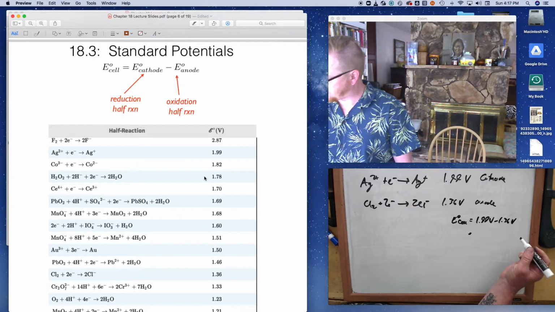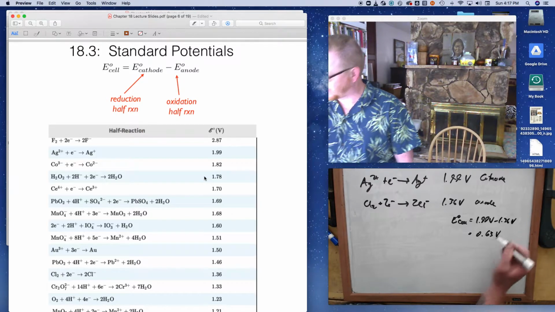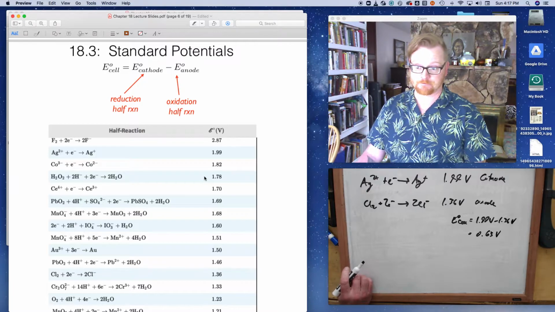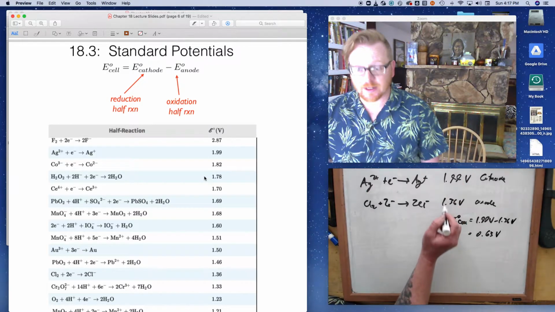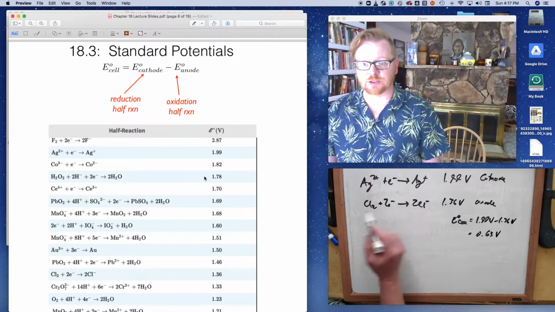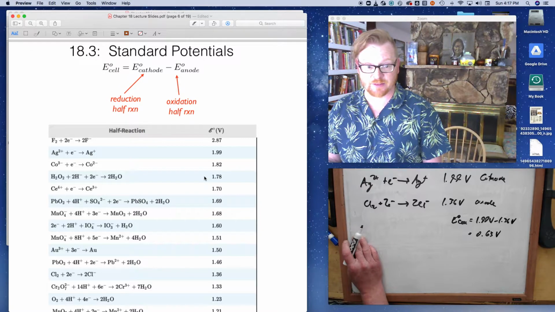And quick math, that gives me 0.63 volts. So that means if I make an electrochemical cell where this reaction is running as my anode and this reaction is running as my cathode, I'll get 0.63 volts out of that reaction.